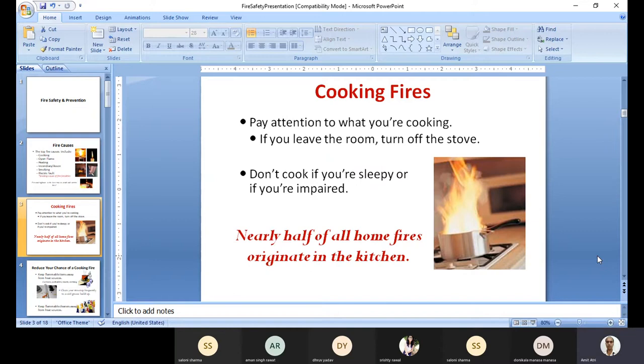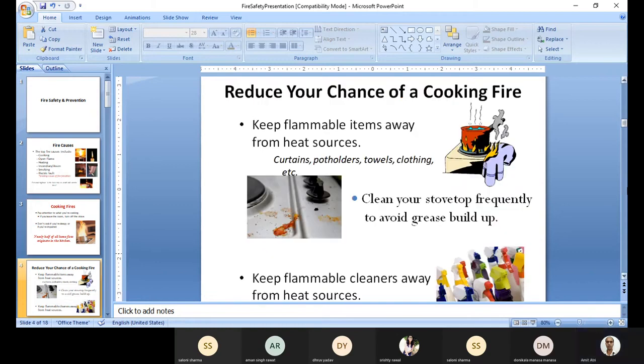Another thing, don't cook if you are sleepy or impaired. In that case, if something undesirable happens, the person won't be able to sense it or take preventive action. So how can we reduce the chances of fire due to cooking?